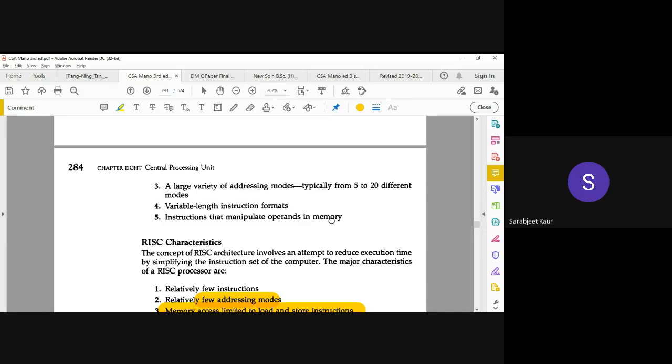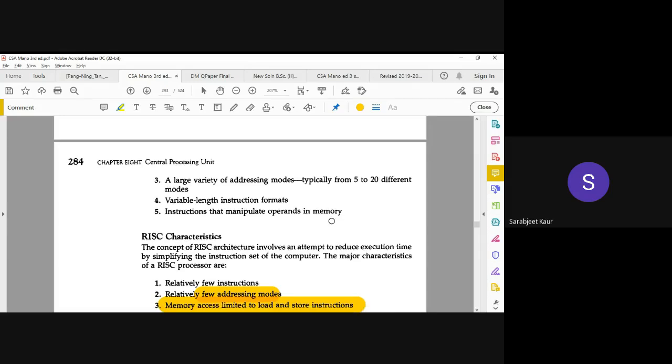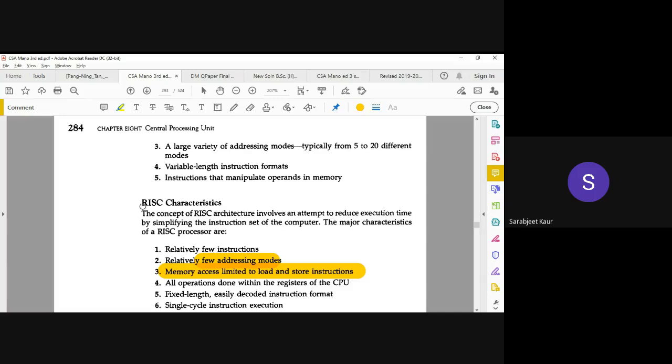As a result, the operations became slower. Memory was being accessed by so many instructions, so many parts of the same instruction maybe, that the overall operation started becoming very slow. So we came back to reduced instruction set computer.